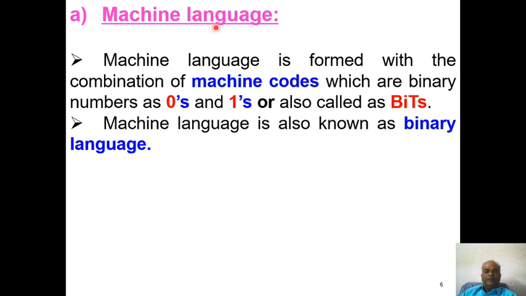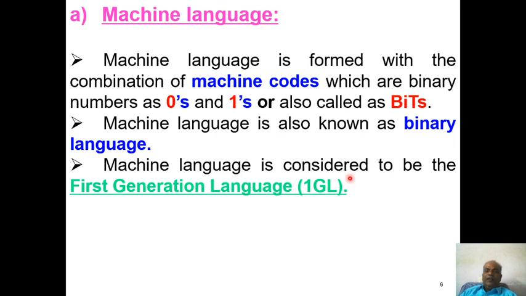Machine language is a low level language which is formed with the machine codes. Those codes are in the form of zeros and ones, called bits. It is also known as binary language. This machine language is considered to be the first generation language, known as 1GL.